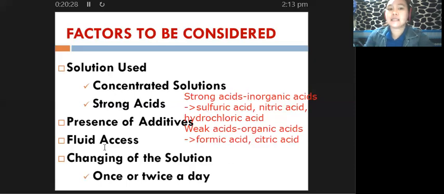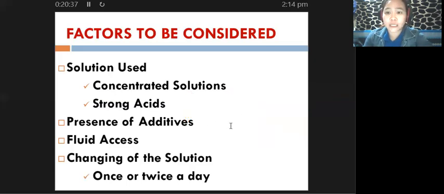Since the acid decalcifying solutions that we use in this step of tissue processing can be injurious to our tissue samples and bring about unfavorable consequences, what can we do to mitigate the harmful effects of acids? We use additives. That's why I also included it as one of the factors you have to consider.